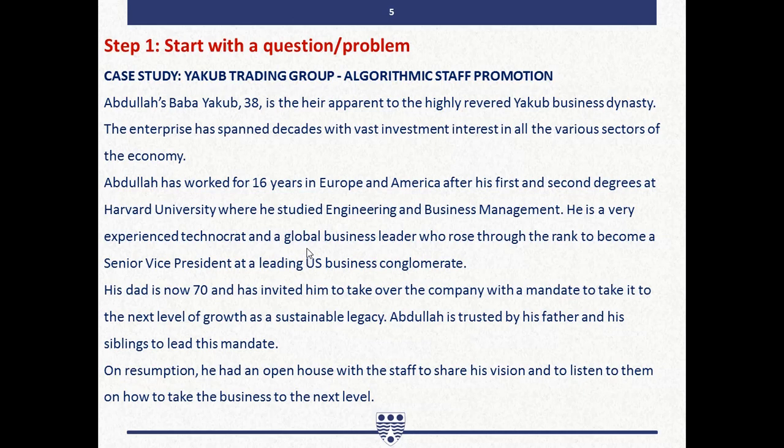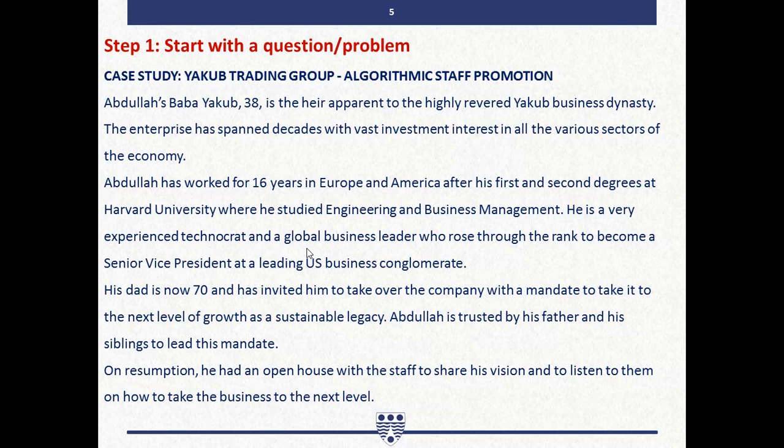Today we are going to be working on a real case scenario, the case study of the Yakub Trading Group. We want to predict an employee who is likely to be promoted in a company. This company was owned by Alhaji Yakub, the father of Abdullah Baba Yakub, who is now 38.